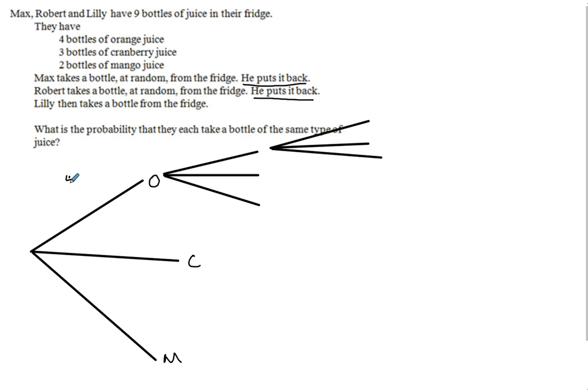So we've got our 4 9ths there, our 3 9ths there, and our 2 9ths there. Okay, and here you'd still have OCM, and here you'd have OCM. Okay, and that would still be 4 9ths, and that would be 4 9ths.